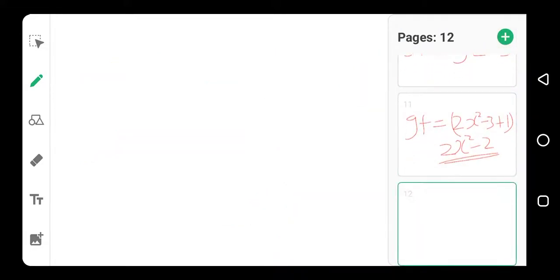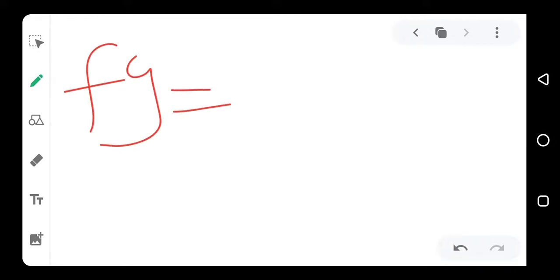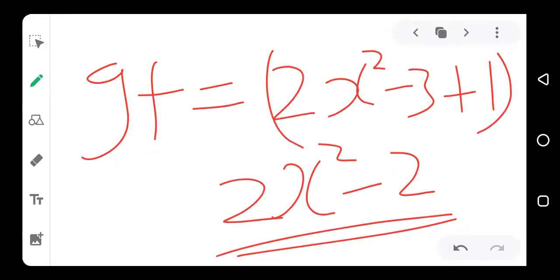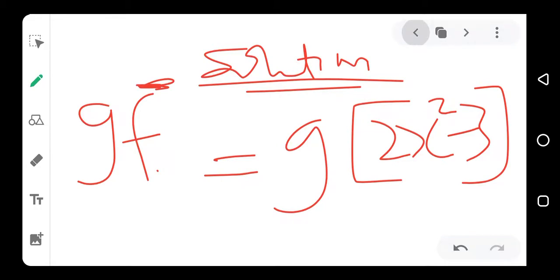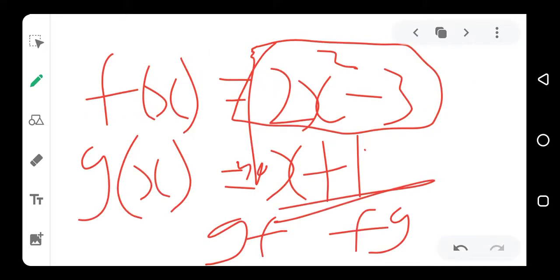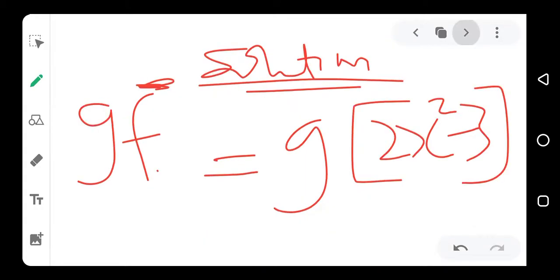Then let's look at f of g. F of g, we start with g. G is equal to x plus 1, so we go there.